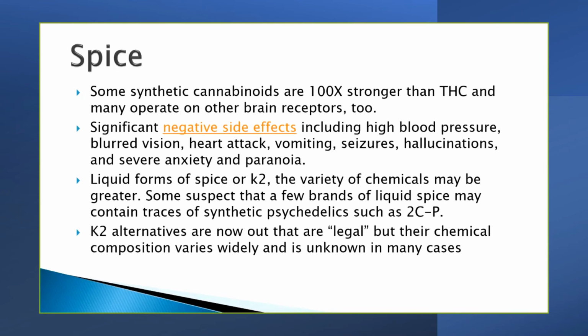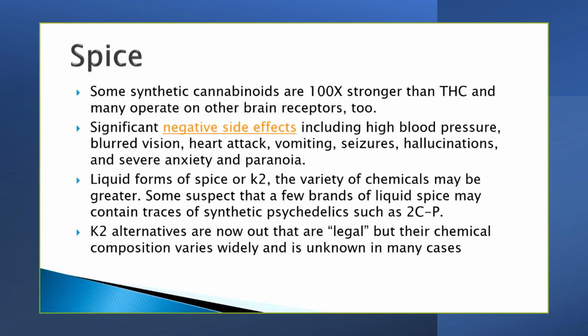Significant negative effects. We've talked about liquid forms of spice or K2. If you were in the marijuana class, you know that THC resins are being extracted from marijuana now. There are also liquid forms of spice or K2. Because remember, the synthetic cannabinoids are actually just a liquid that is sprayed onto various plant material.